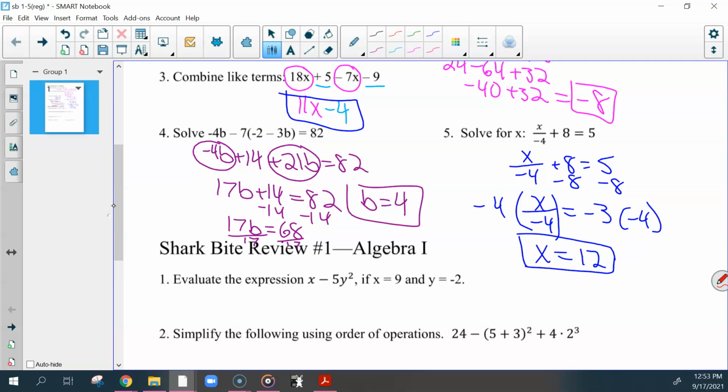Which part did I do? So this first part I just rewrote it. I'm trying to get rid of everything that's connected to x, so I gotta get rid of this negative 4 and the 8. I got rid of the 8 first by doing the opposite. So then, I'm going to rewrite this.